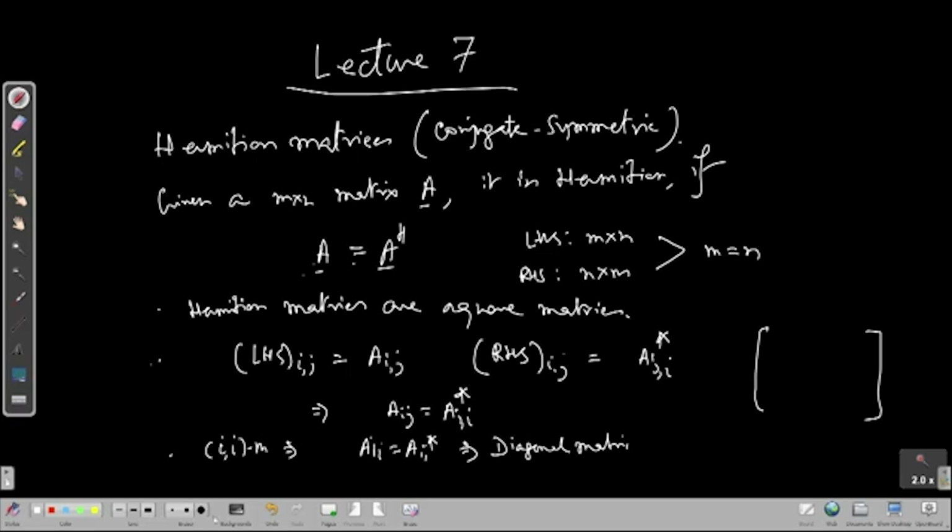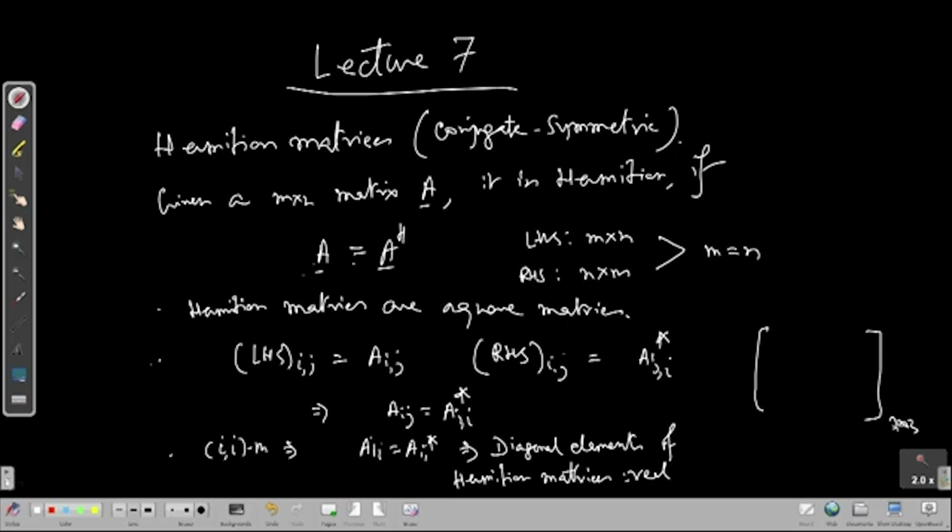So typically a matrix, say a 3 by 3, has to be a square matrix.